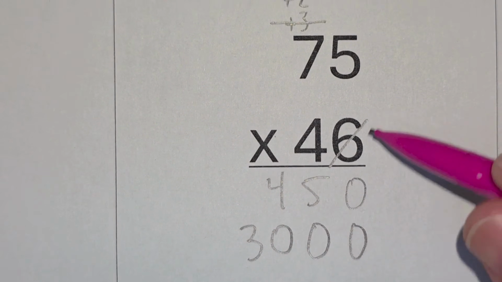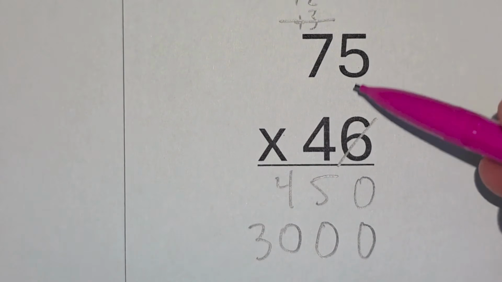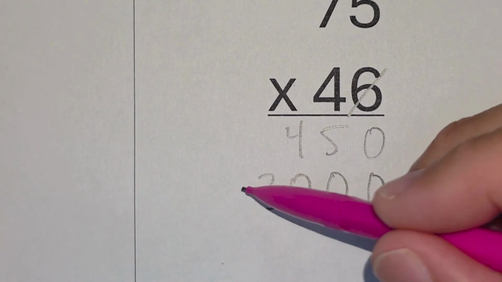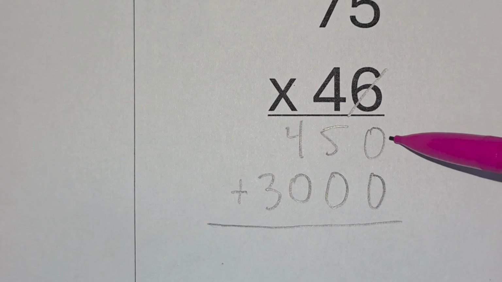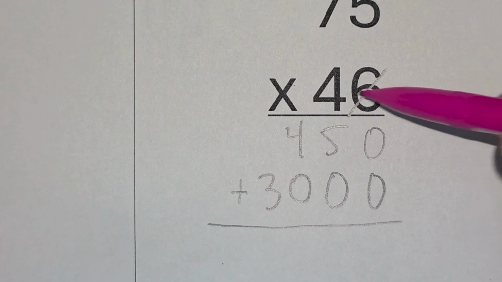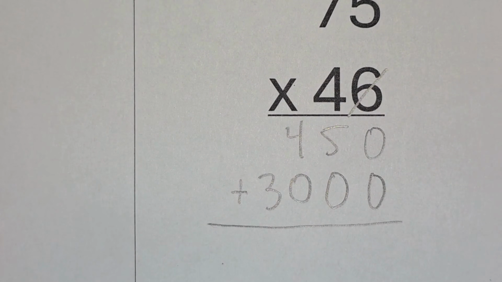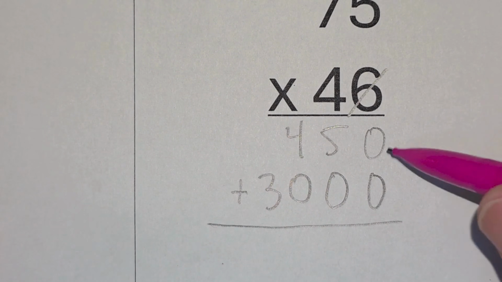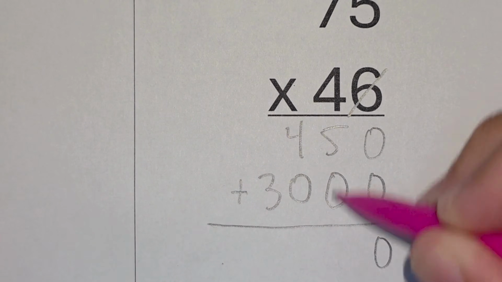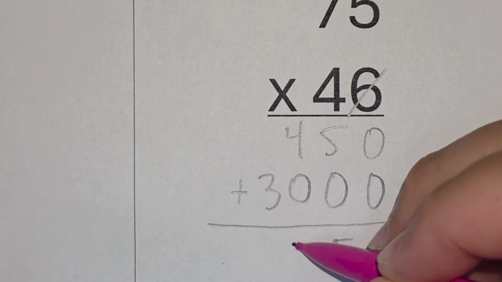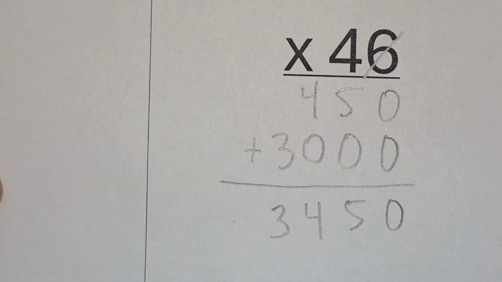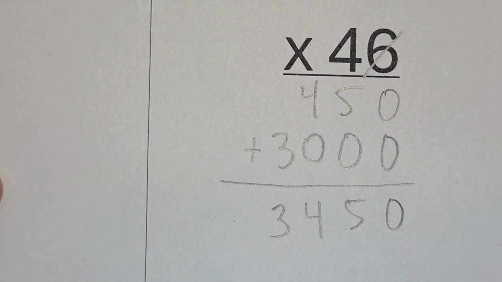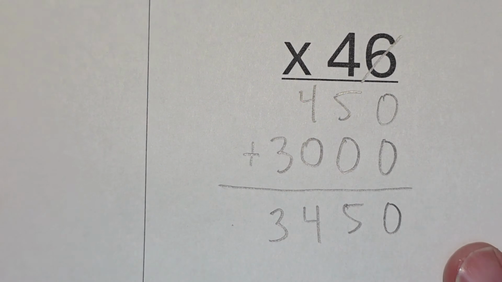And now 4 has been multiplied by everything, so I'm done with that digit, and I'm ready to go ahead and add up both of my partial products. So here's part of the product, here's the other part that I received based on multiplying by part of the second factor. When I add this up, 0 plus 0, 5 plus 0, 4 plus 0, and then my 3, I have 3,450 as my final answer, or as my product.